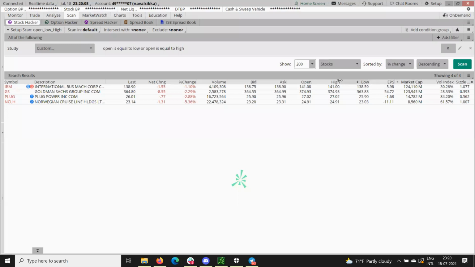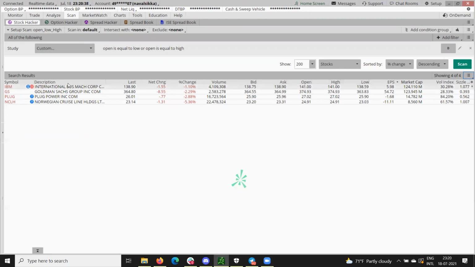I'm ignoring the close and only considering the price at 9:30:00, and this will not change throughout the day. Open, high, or low may change throughout the day. I'm looking for stocks where the high is equal to the open price, or where the high is equal to the open is equal to the low.